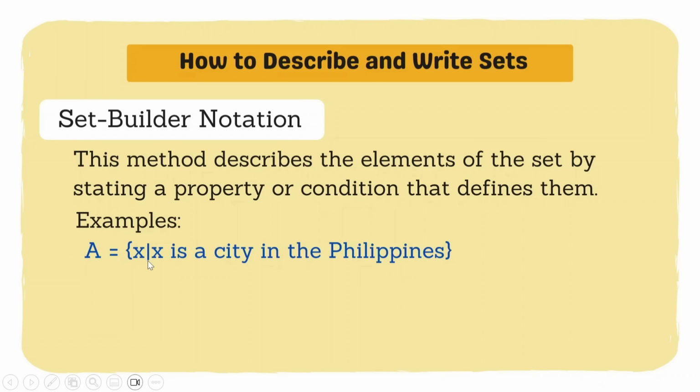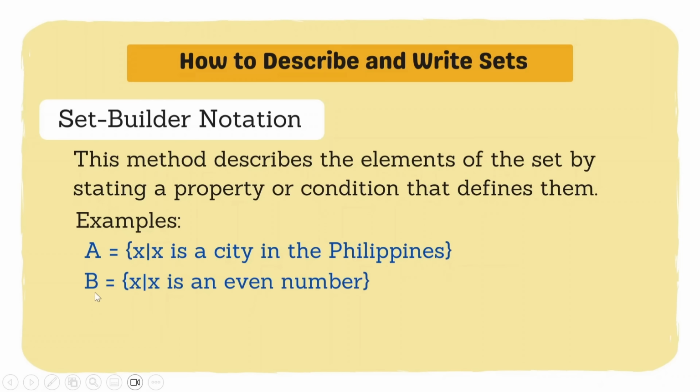We read this as set A is a set of all X such that X is a city in the Philippines. Okay, so gumagamit na po tayo ngayon ng notation, okay, or what we call symbol, kung saan ang symbol po na ito ay X na nagde-describe sa mga city in the Philippines.